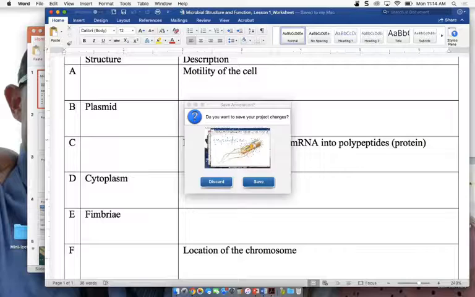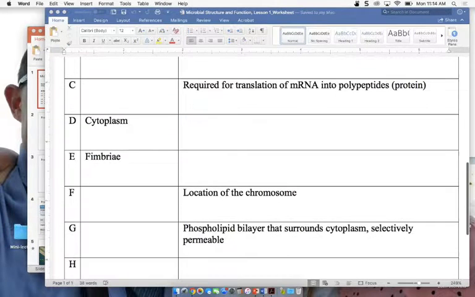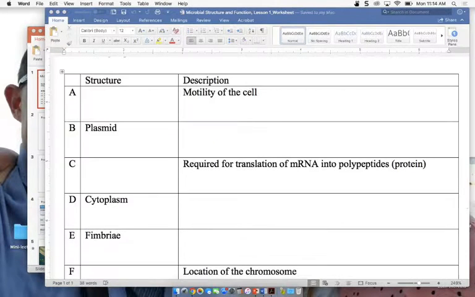Nobody wants to say it because it's a hard word. Is that right? Fimbriae. Okay? Fimbriae is the word there. And then A. What's A? Flagella. All right? Or flagellum if it's just one. And we'll talk about that structure a little bit more today.